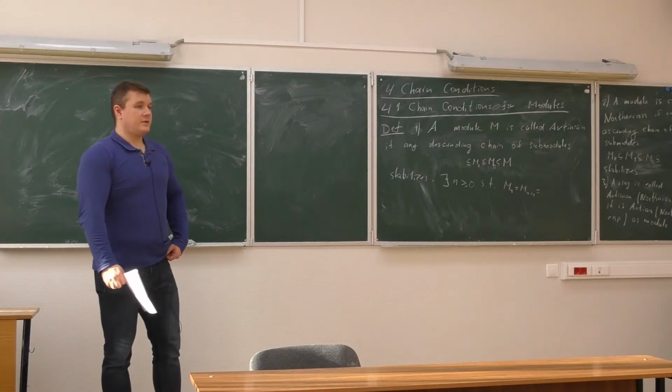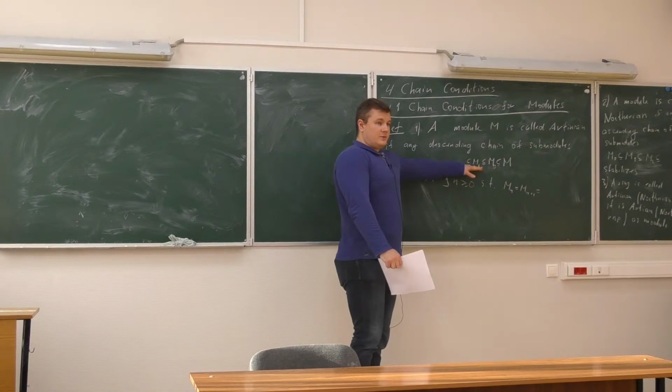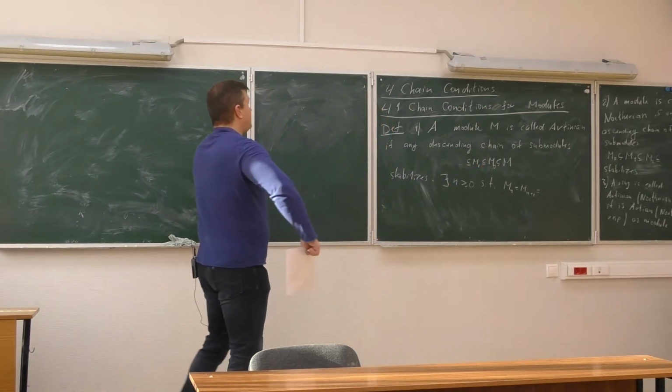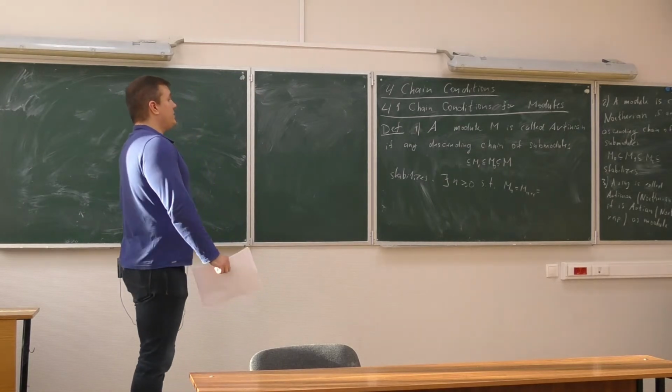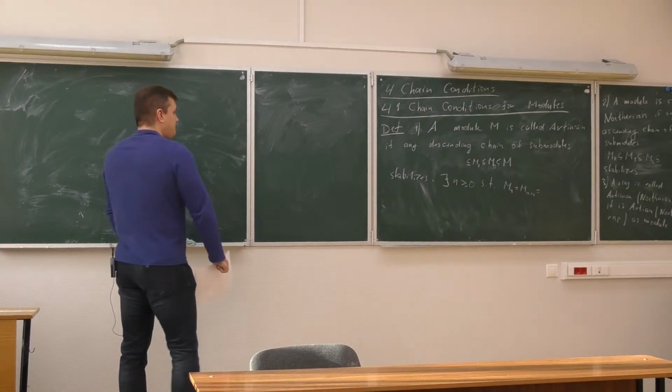Yeah, the module itself, yes. So it means that you can apply these conditions for ideals. So for ascending or descending chain of ideals. We can say, of course, that over a not necessarily commutative ring, you have two different versions. You have version for left and also a version for right modules.